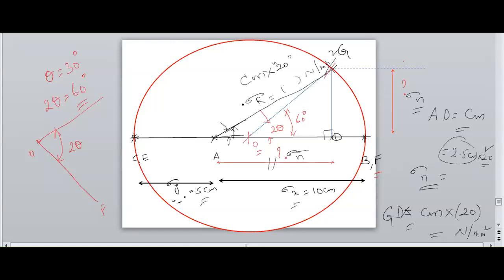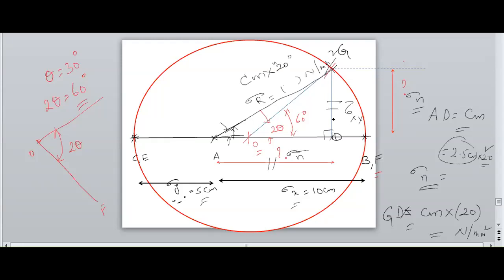And next, the second case, he is asking the maximum shear stress that can be attained in the inclined plane. So what is the shear stress here? The shear stress is this height on the inclined plane.